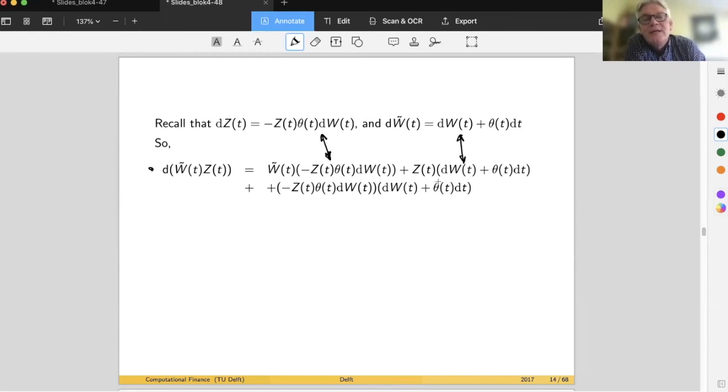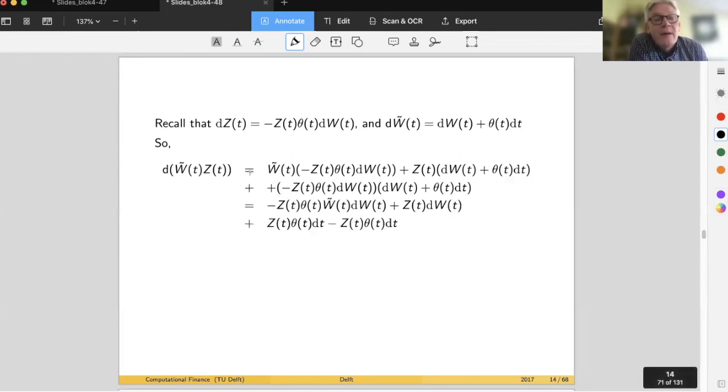Now here we see this one appearing with a minus sign, minus ZT theta T dWt dWt. And dWt dWt is dt, of course, with a minus sign, and here we see it with a plus sign. So these two will cancel out, and the rest will remain. So we will see at least 3 terms appearing.